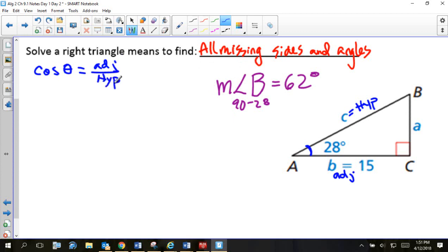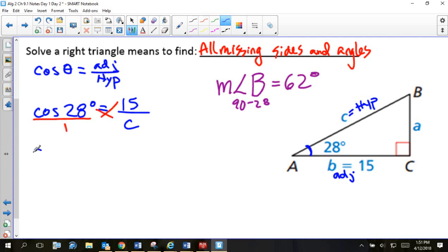So now I plug in the information. Cosine of 28 degrees equals 15 over C. You do not know the cosine of 28 degrees because it's not one of those from our chart. It is going to be a horrible decimal, so I'm not using my calculator yet. I'm just going to leave it as cosine 28 for right now, and I'm going to solve for C. So to solve for C, we are going to make this into a fraction, and then cross multiply.